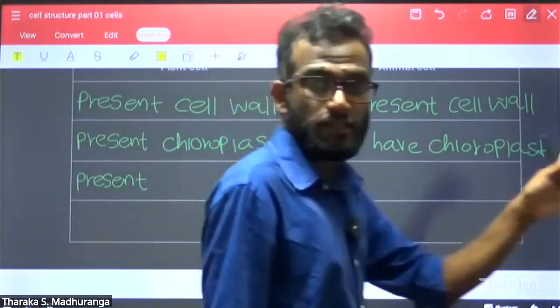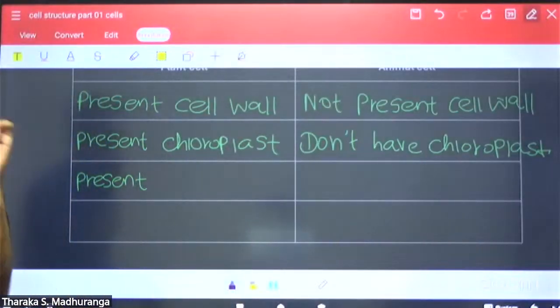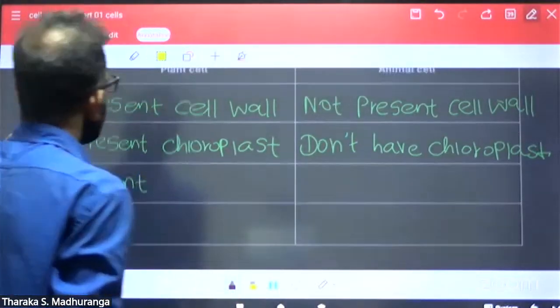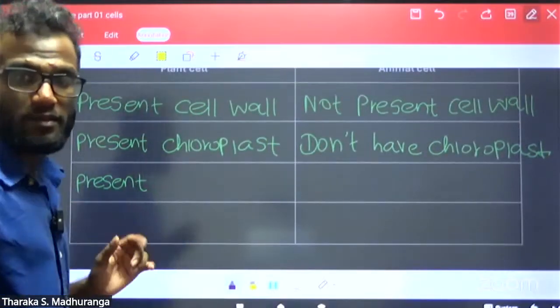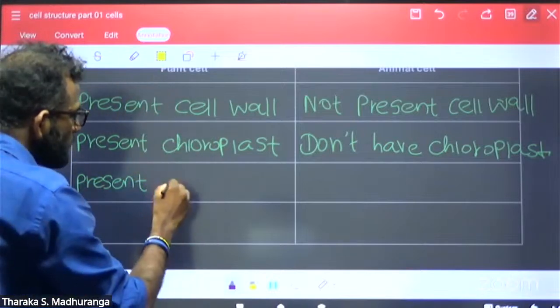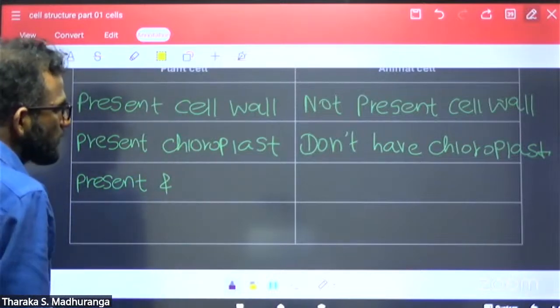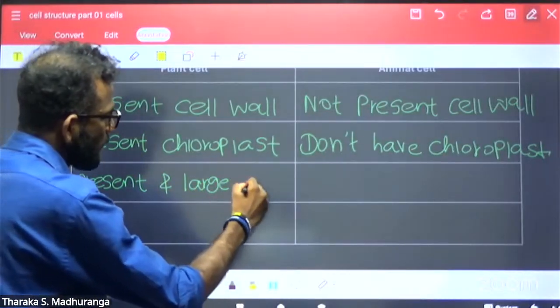Okay, what we discussed here, yes, vacuoles, sorry. Plant cells have permanent and large vacuoles.